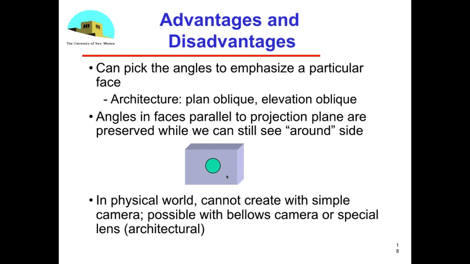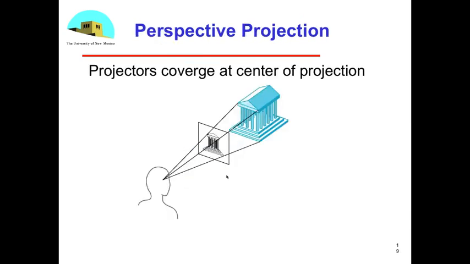Okay, now let's turn to perspective. And perspective in some sense is easier to talk about, just the difference between one, two, and three points. So back to this image, we have all the projectors converging at the center of projection, which is the eye. And now we can place this projection plane and the viewer wherever we want.